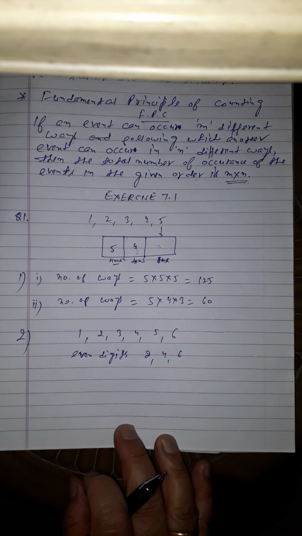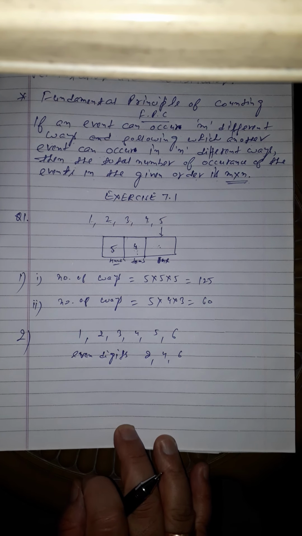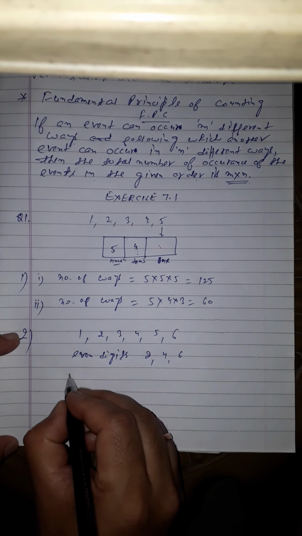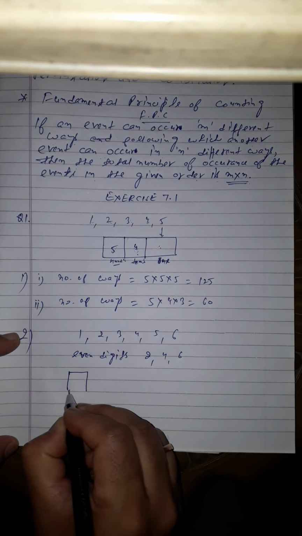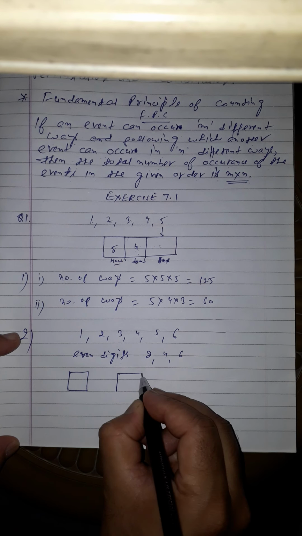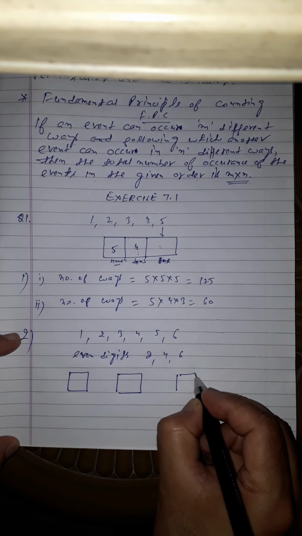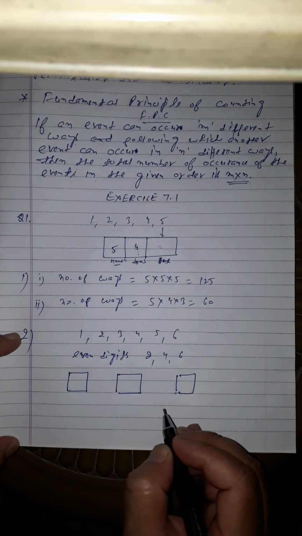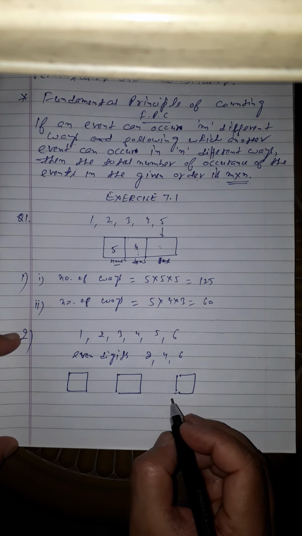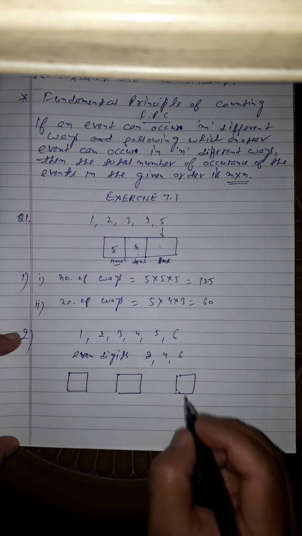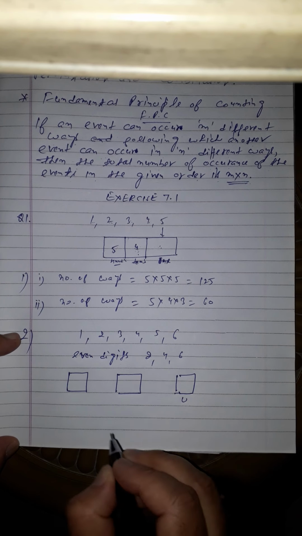Right? Now in that case, students, we are using 2, 4, 6. Now here I am going to tell you, this is the digit that is at the ones place, or we can say that is the unit place.